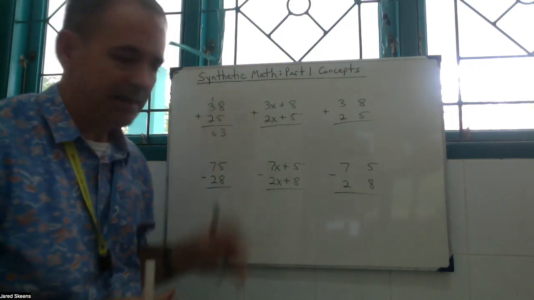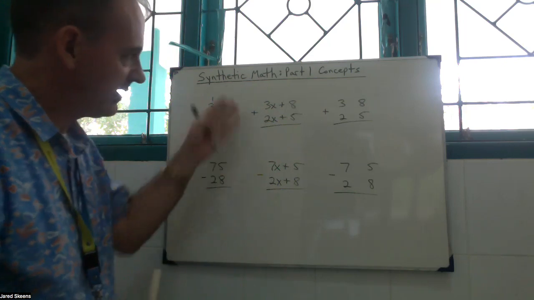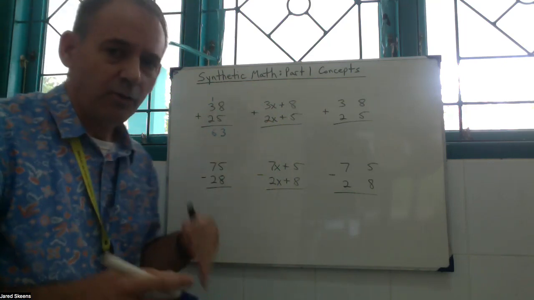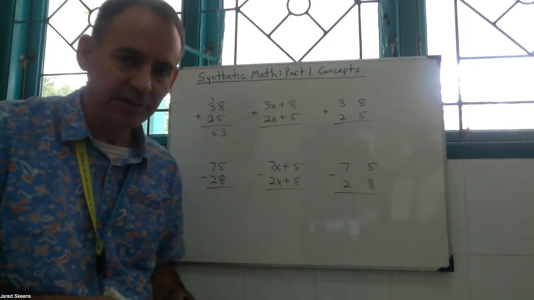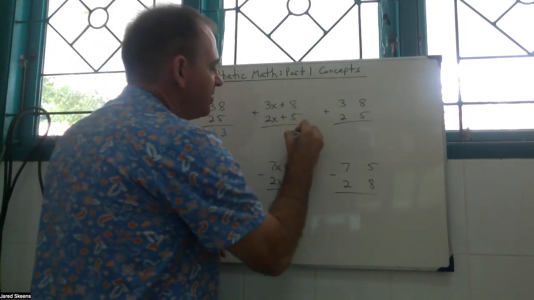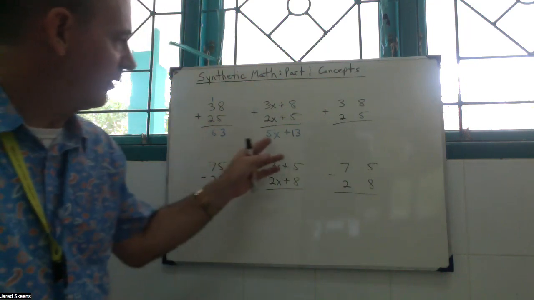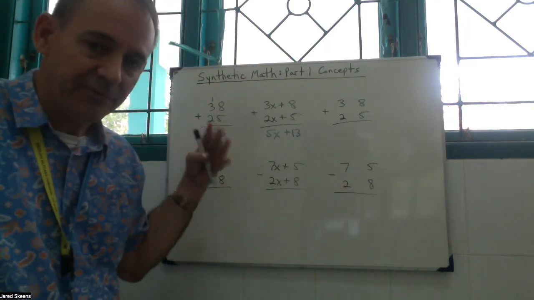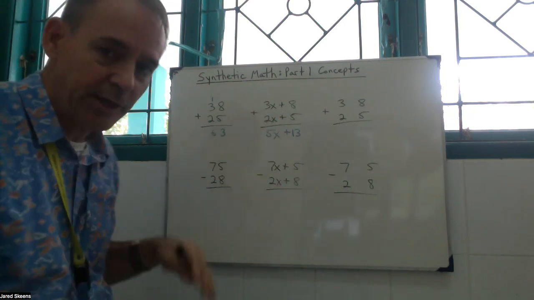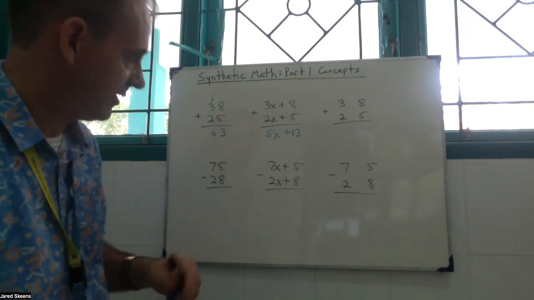Now, if we do the same thing in algebra, 3x plus 8, 2x plus 5, again, allowing x to represent 10, it's more flexible in the sense that we're allowed double digit numbers. So this just becomes plus 13, this becomes 5x. But notice that we are writing now the variable and the exponent, which when you have larger polynomials, you're constantly writing x and some exponent attached to it.